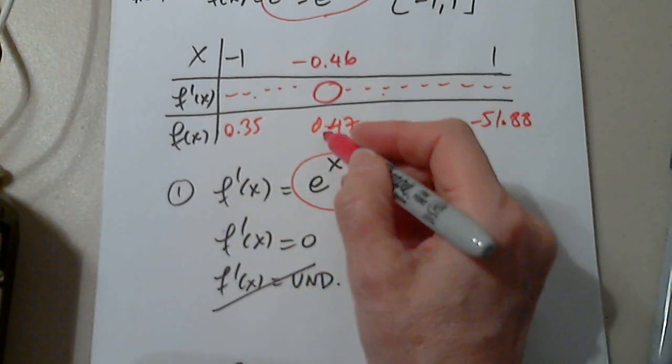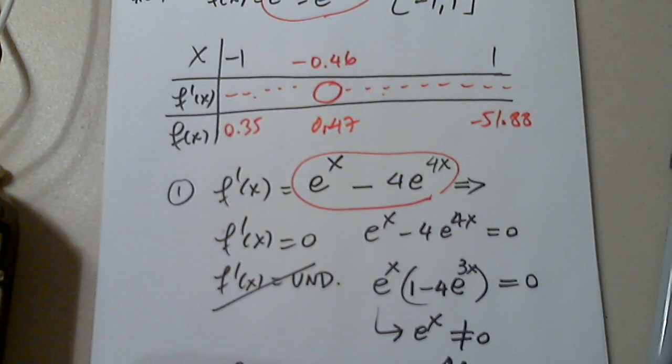Professor, is it not supposed to be 3x instead of 4x on your y equals? The function was e to the x minus e to 4x. The derivative, let's check. I'm checking. So let's go back.